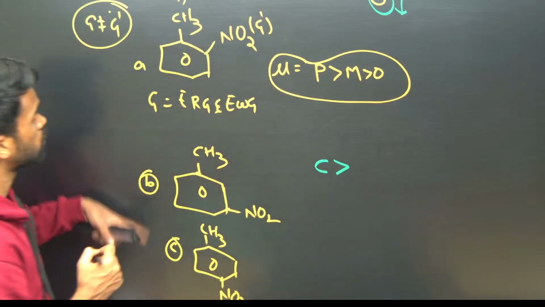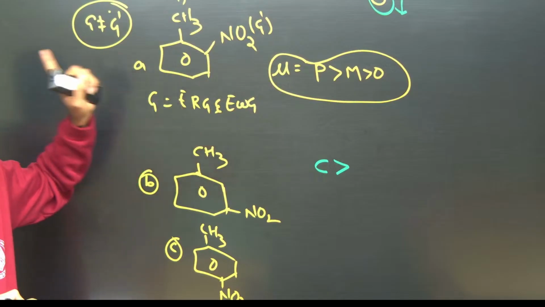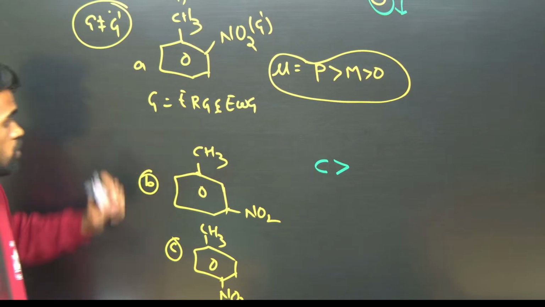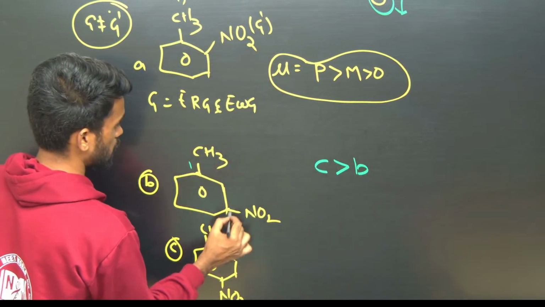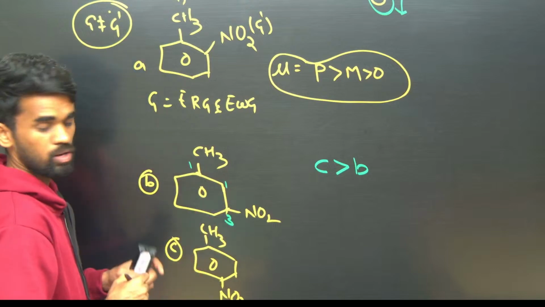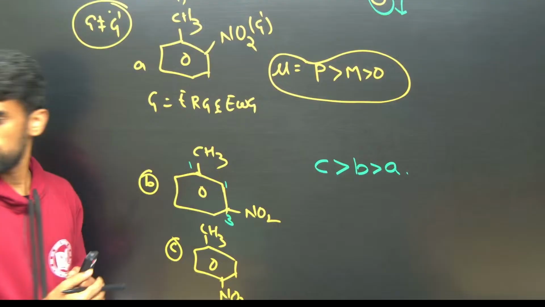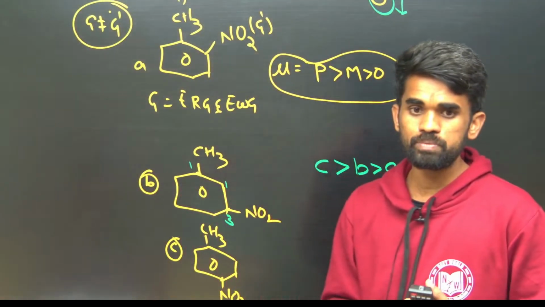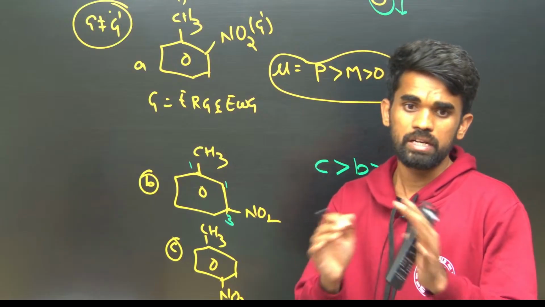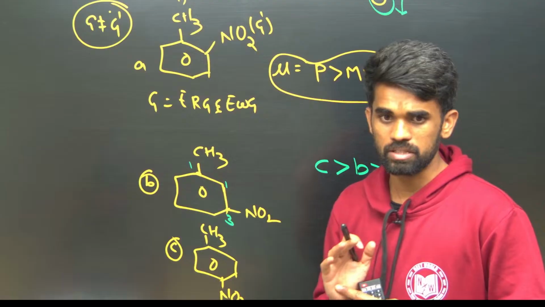After this, M will be in between in each case. There is OMP, this is PMO. So here B, meta means 1, 3. After that A. Just identify whether they are electron releasing groups or electron withdrawing groups of different types, and you can write the answer, that's it.